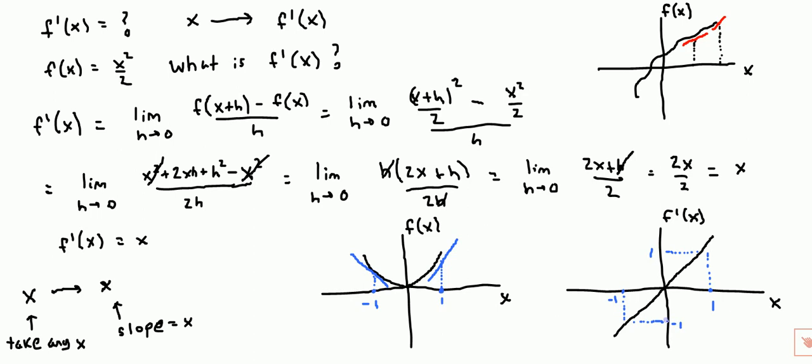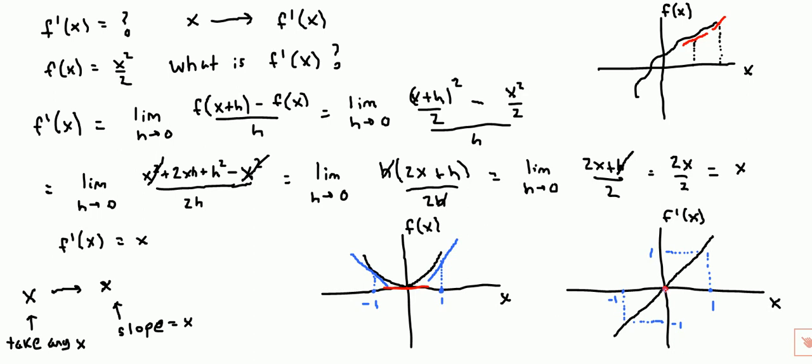What about at 0? At 0, x equals 0. What is f prime of x? It's 0, right? 0 slope. Well, that makes sense, right? This curve is f prime of x, and it passes through 0 at x equals 0.